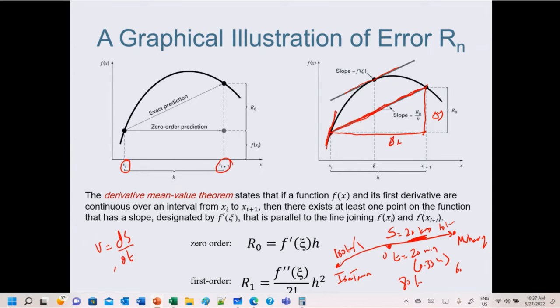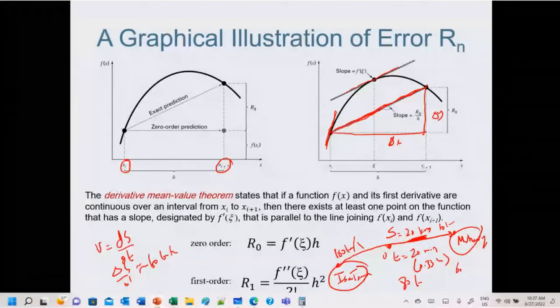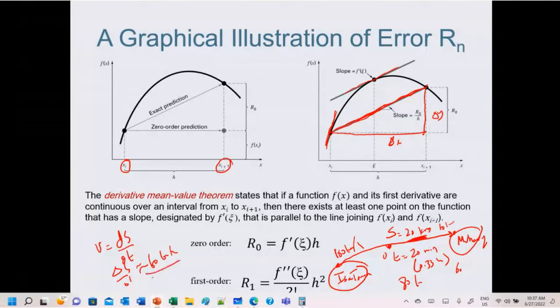But if you take delta s over delta t, which is 20 kilometers divided by the 0.33 hours, and you get 60 kilometers per hour, then the derivative mean value theorem states that between Isa Town and Muharrak, there will be at least one point where you are actually traveling at 60 kilometers per hour.